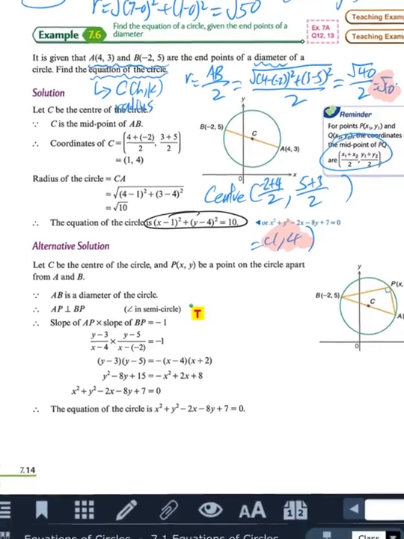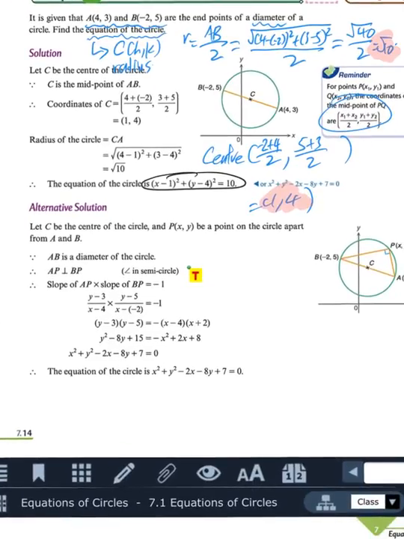Let's see the alternative solution. This solution, I think, is more difficult than the previous one. It will use the theorem from the last chapter: angle in a semicircle. By the angle in a semicircle, we may obtain that line BP is perpendicular to line AP.